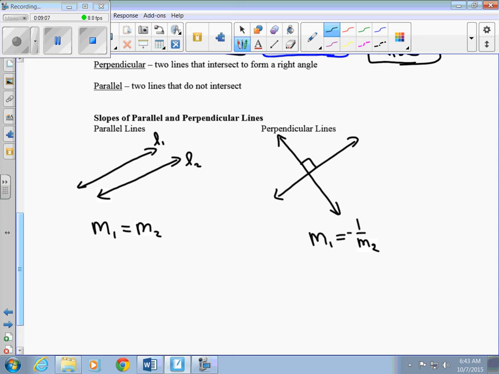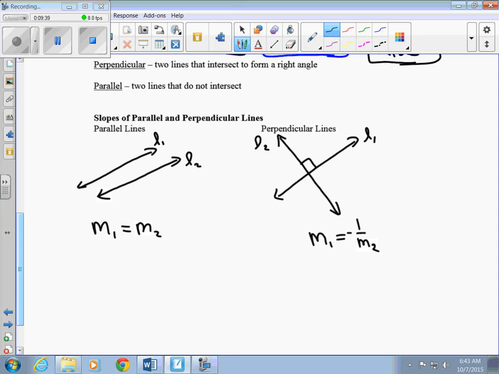So the slopes are going to be the opposite reciprocals in a perpendicular line. So in the parallel lines, if line 1 has a slope of 3, line 2 has a slope of 3. In the perpendicular lines, if line 1 has a slope of 3, then line 2 must have a slope of negative 1/3. Okay? Because it has to be the opposite reciprocal.